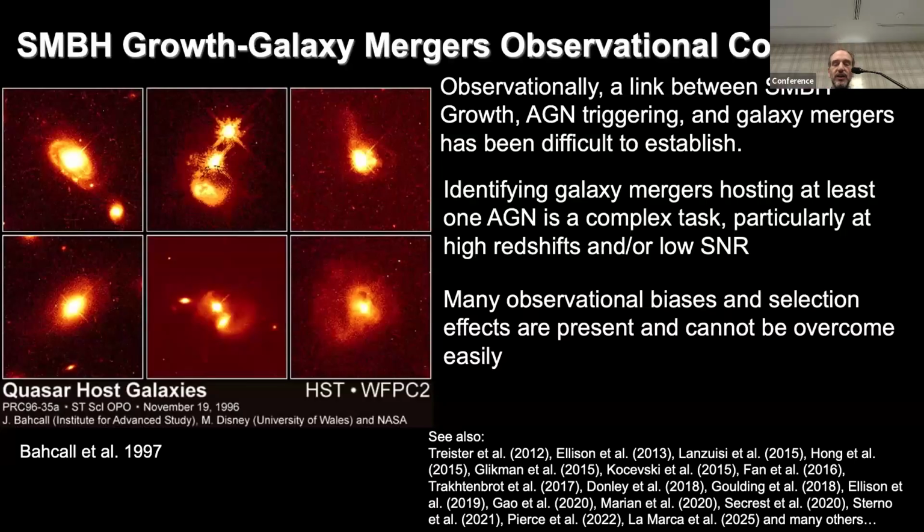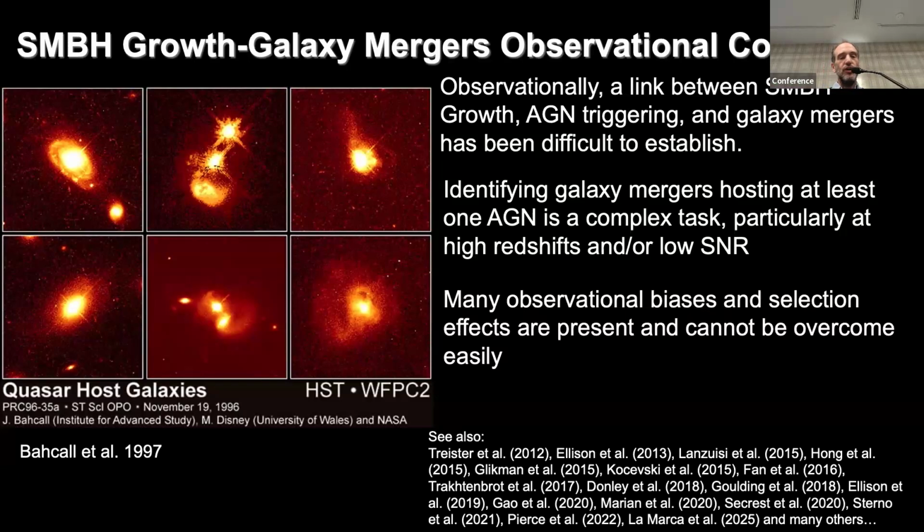Now, I don't think I need to work very hard to convince you that establishing an observational connection between black hole growth and galaxy merger is important, but it has been, at least on the observational side, very challenging. Identifying mergers is very complicated. It's something that is still debated heavily.